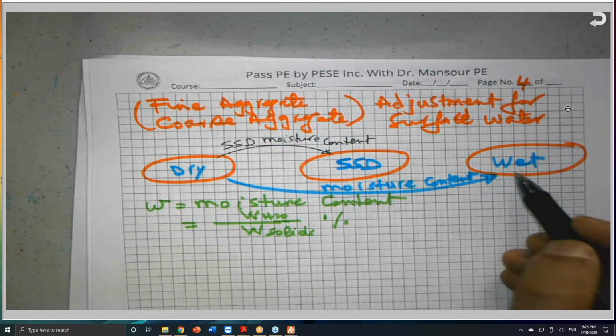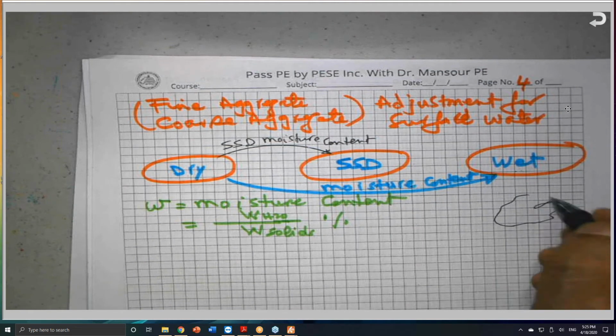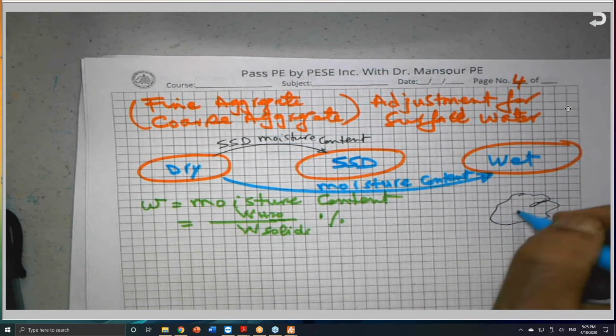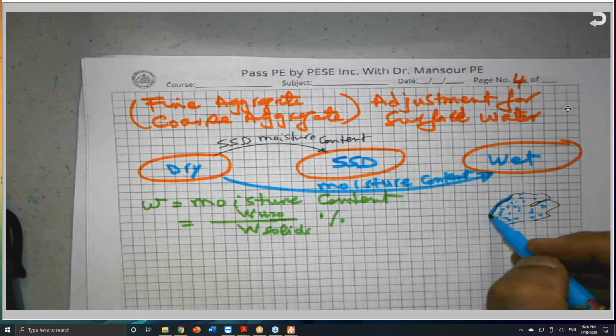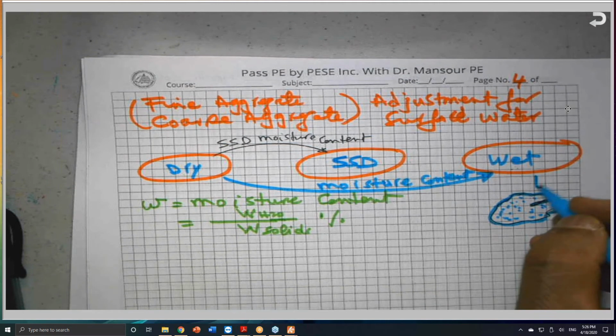Here they might have some excess water on the surface if this is a piece of aggregate. So I might have all the pores filled with water, and I might have some surface water. This is the wet condition.